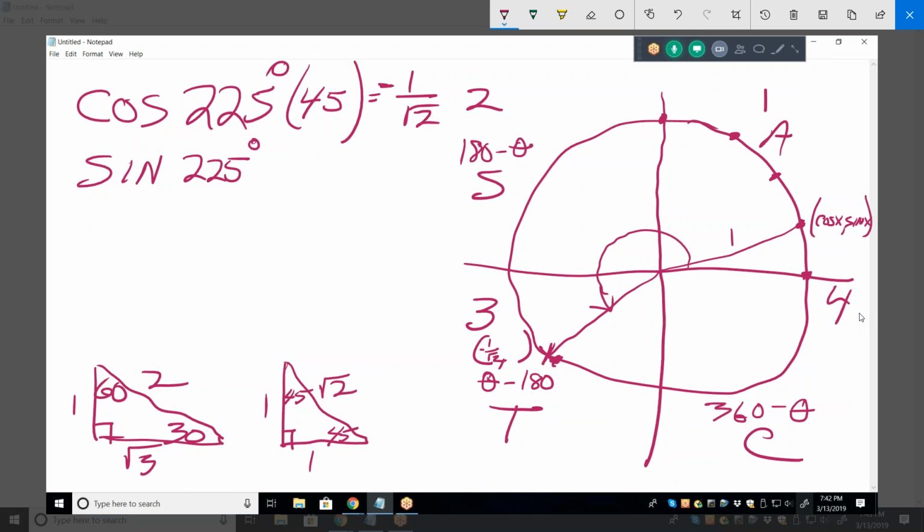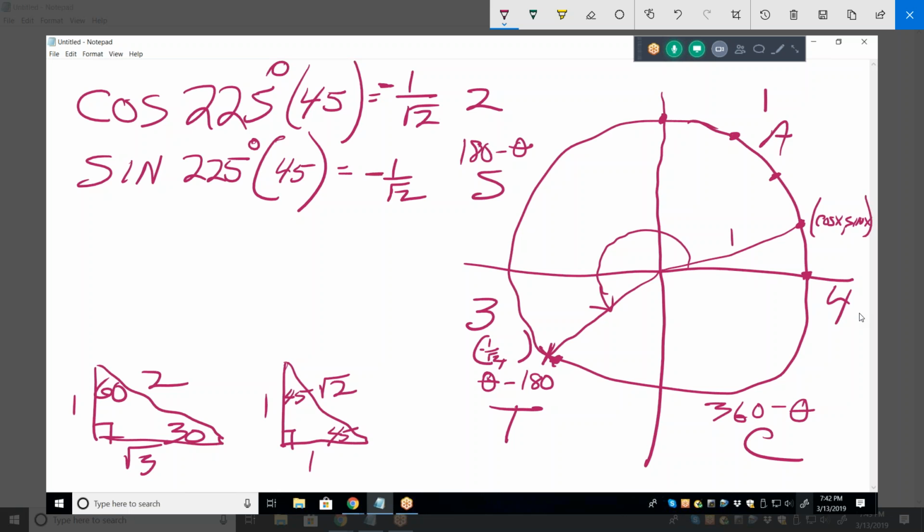What's the sine's equivalent first quadrant angle, or what they would call the reference angle? It's 45. What's the sine of 45? Wouldn't it also be 1 over square root of 2? And what is its plus or minus sign? Minus.